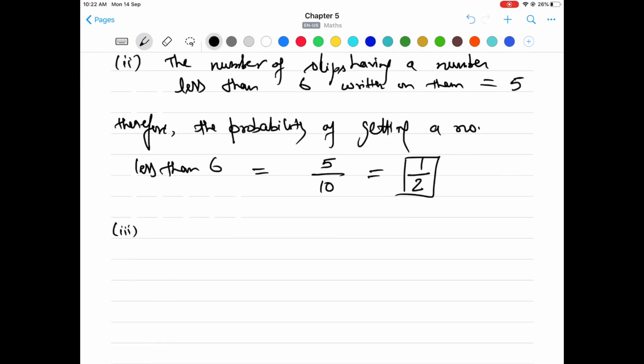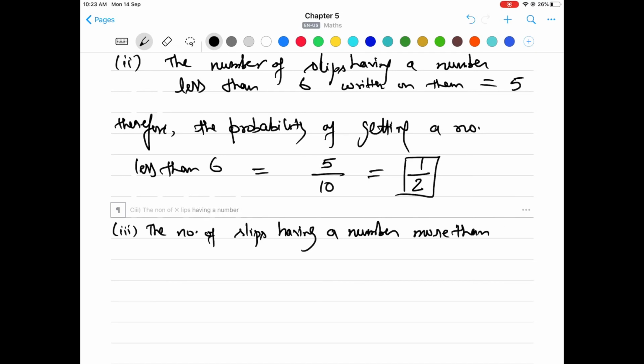So similarly we'll write the number of slips having a number more than 6 is equal to a total of 4 slips. There are 4 slips which have a number more than 6.